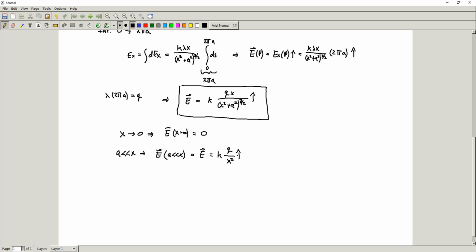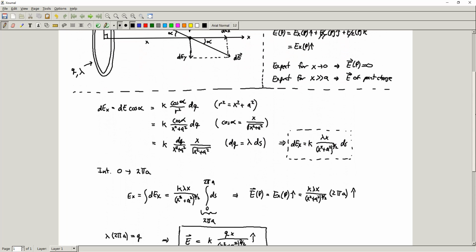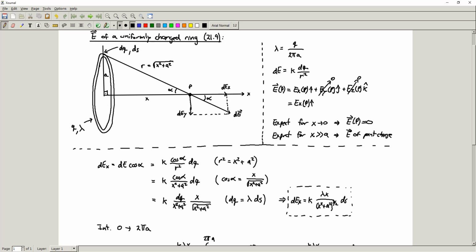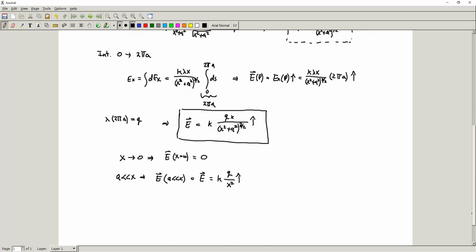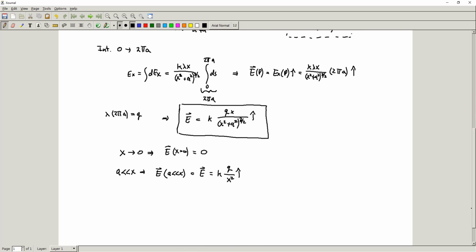This is exactly what we would expect for a point charge sitting at our origin, for some P way out in the x direction.